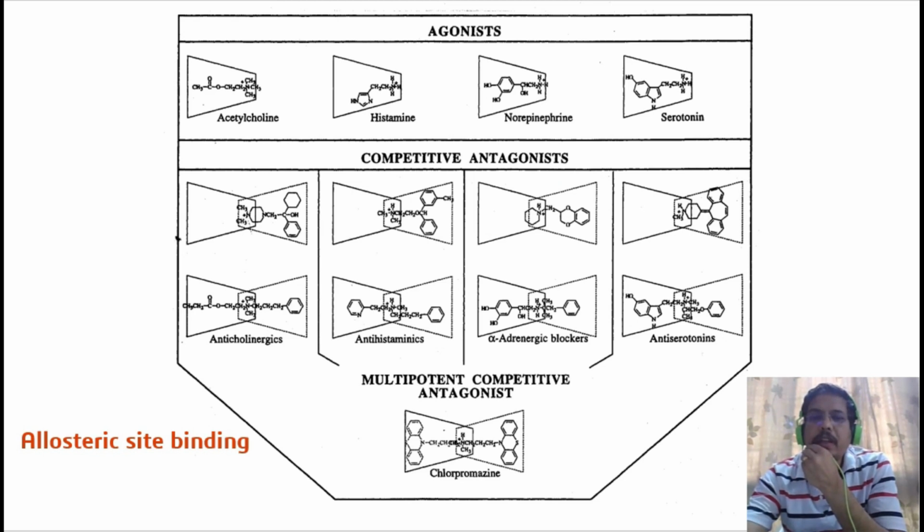So if you look at the binding pattern of different agonists to the receptors like the cholinergic receptor or histamine receptor or adrenergic receptor or serotonin receptors, then there are some common features which I already told, that is the counterpart of the anionic segment which is present on the receptor, that is the cationic zone.